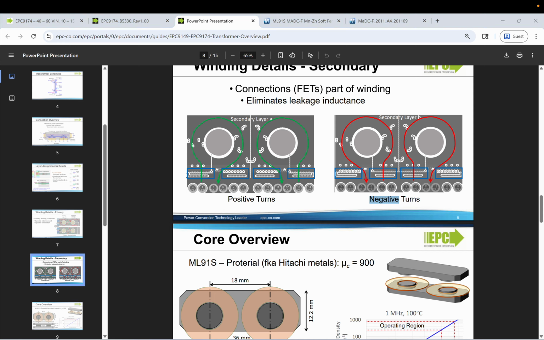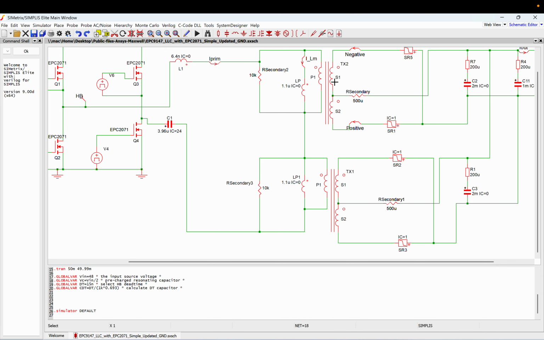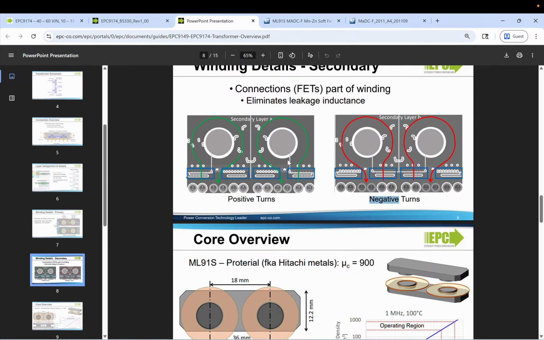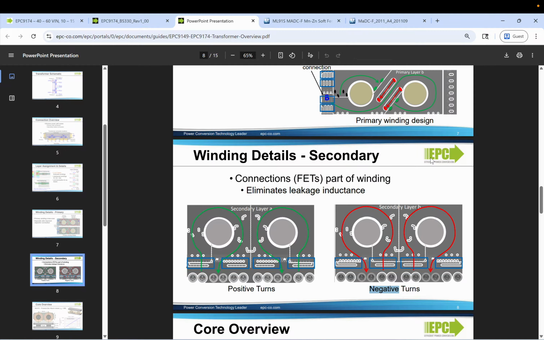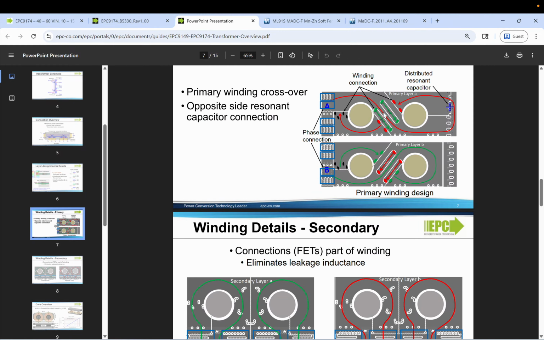So the way they did it is, on one single layer, this is the positive layer and this is the positive layer. They put them side by side, and they put the negative layers S1 and S1 here as the negative layers. This is the negative, this is the positive. They kept them side by side, and the primary is 1 here, 2 turn, 3 turn, and 4 turn. Much easier to model it like that.